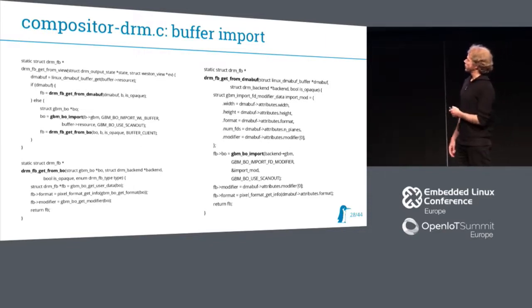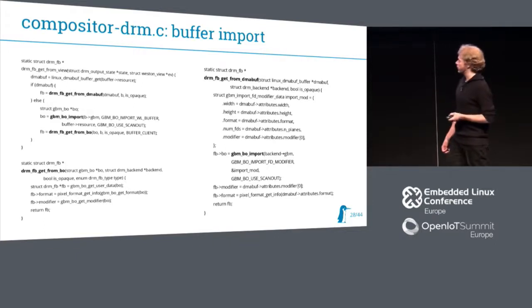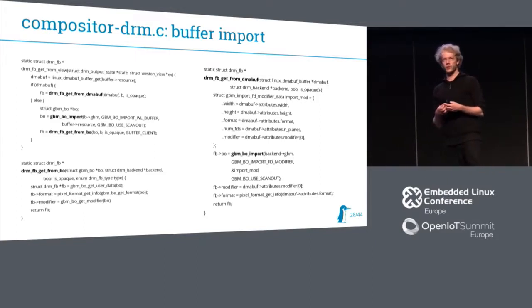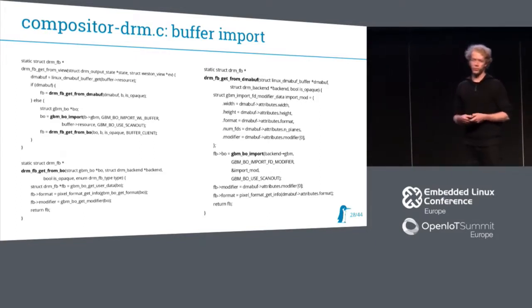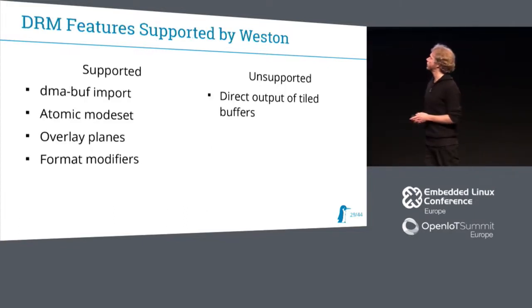And that is done in the drm_fb_get_from_view function, where you can see that if it gets a DMA-BUF, it tries to get a DRM FB from that, and it's all actually there. So all of this you can find in the libweston compositor-drm.c file. It's pretty large, so look up these functions and they will help you through that file.